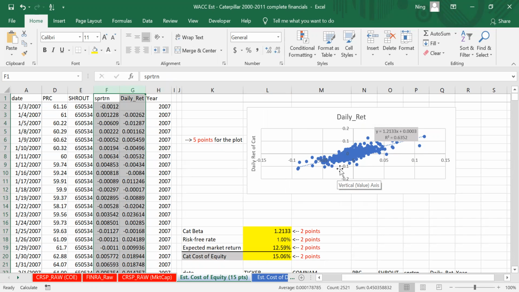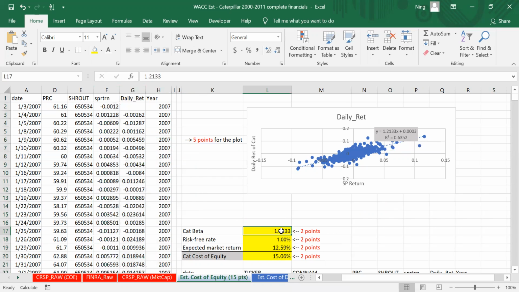Since the relationship between S&P and Caterpillar returns is roughly linear, you can simply fit a linear trend line on this scatter plot and then estimate the relationship between these two return series. And the slope of this estimate gives you the beta, or the systematic risk, for Caterpillar.